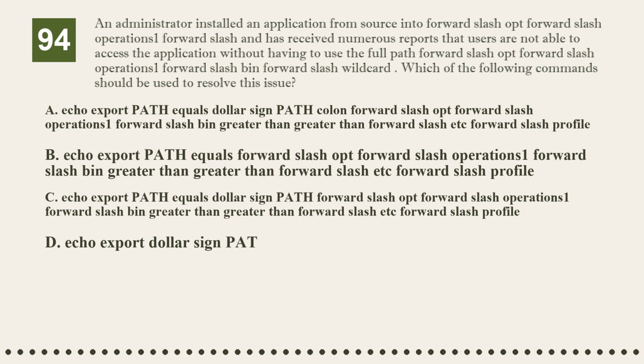Option A, echo export PATH=$PATH:/opt/operations1/bin >> /etc/profile. Option B, echo export PATH=/opt/operations1/bin >> /etc/profile.